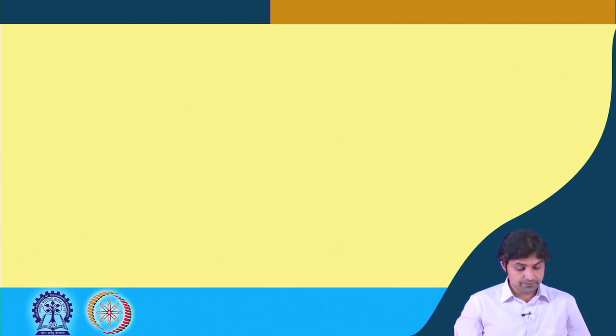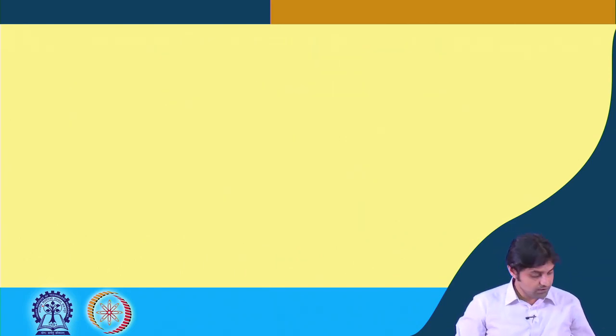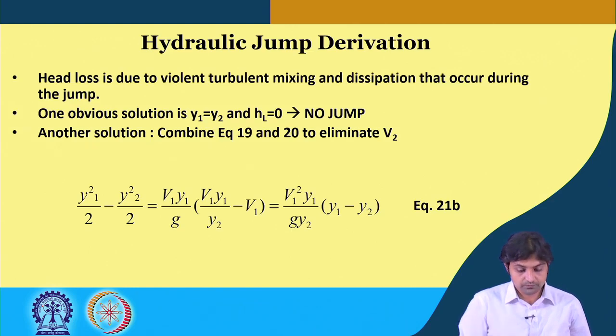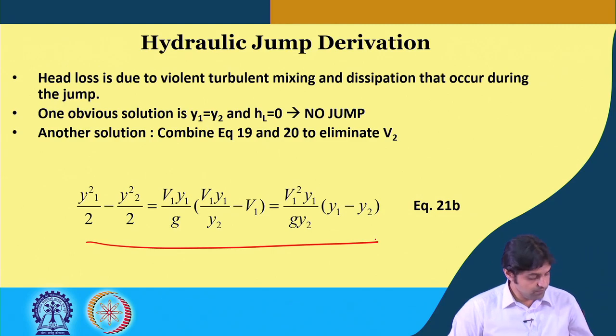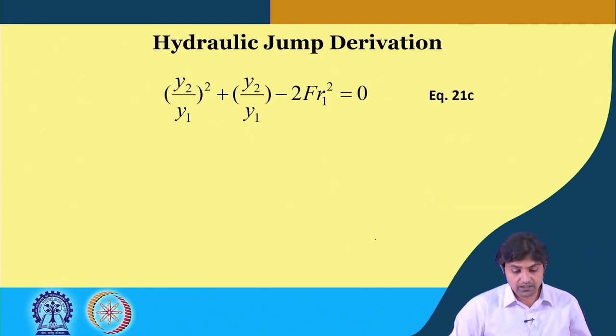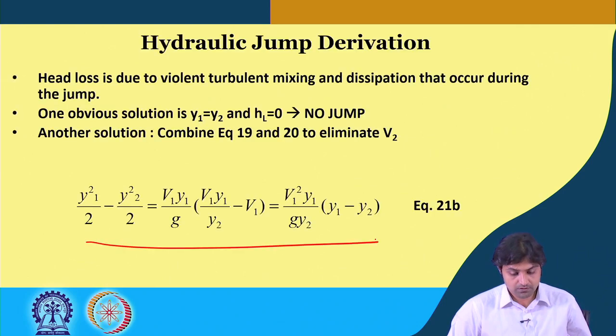So, this equation can be rewritten as y2 by y1 whole square plus y2 by y1 minus 2 Froude number 1 whole square is equal to 0.